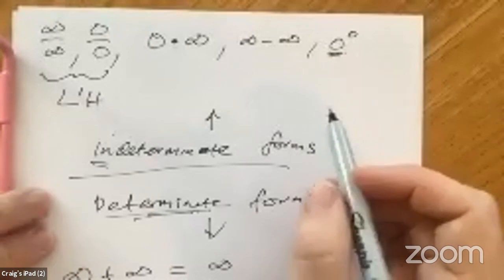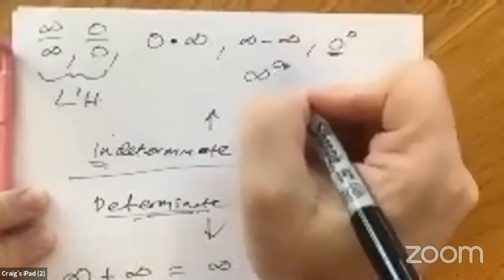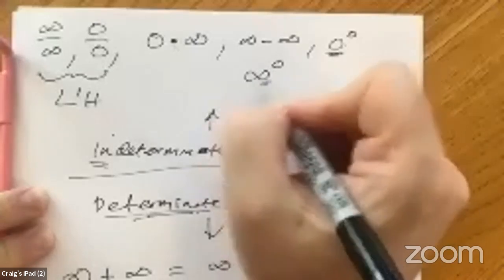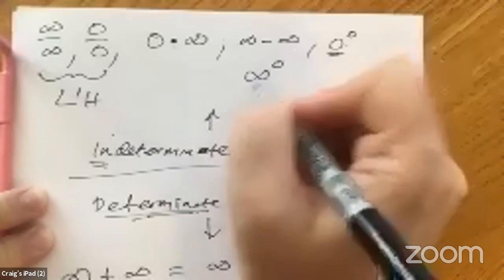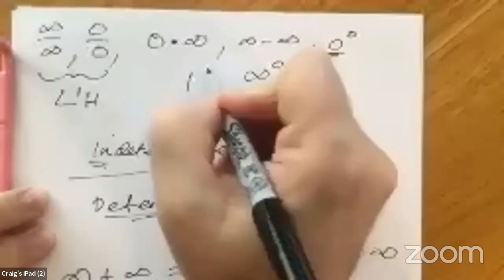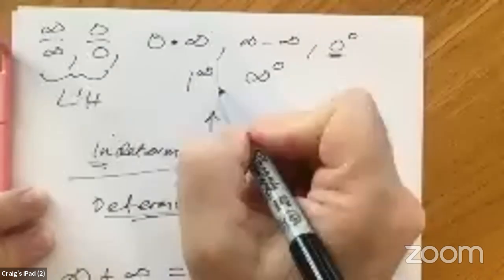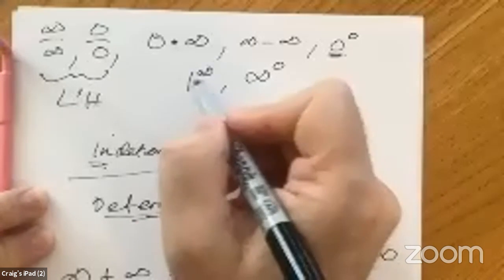Another indeterminate form, infinity to the 0 power. If this is going to 0 and this is going to infinity, is it going to be 1 or is it going to be infinity? Well, it could be anything. That's the point. And finally, there is 1 to the infinite power. If it's like 1.1 to the infinite power, that's infinity.